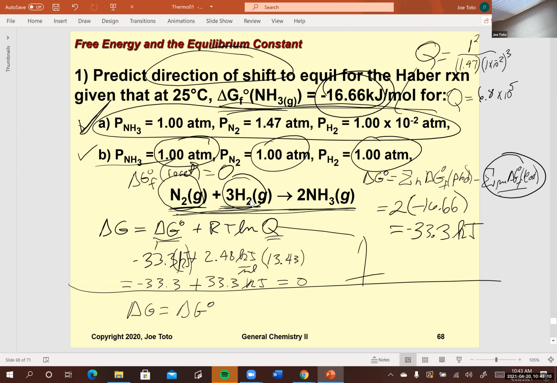If it was a solution, it would be 1 molar. Any questions on that?